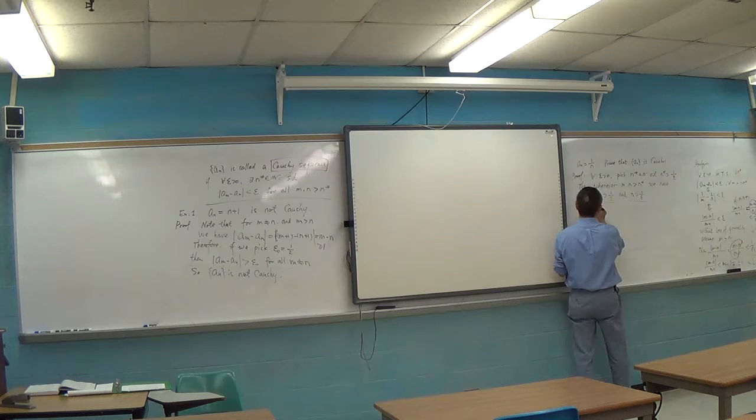Now, equivalently, epsilon is greater than 1 over m and epsilon is greater than 1 over n.